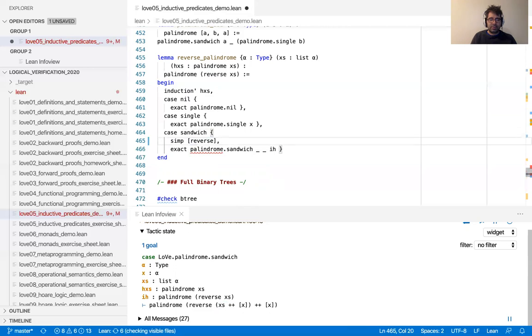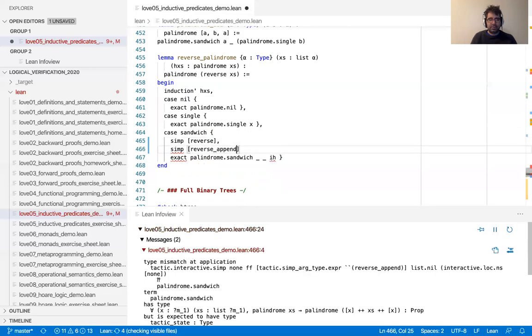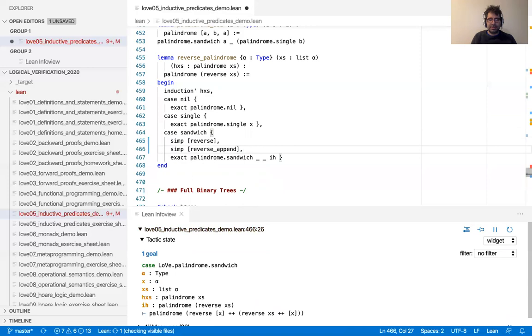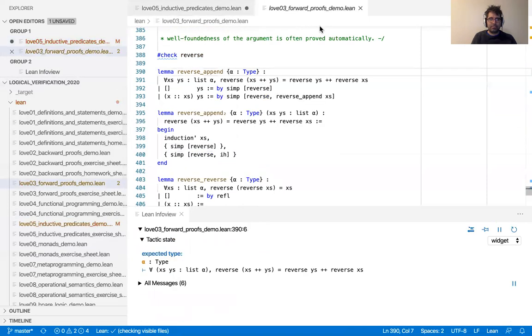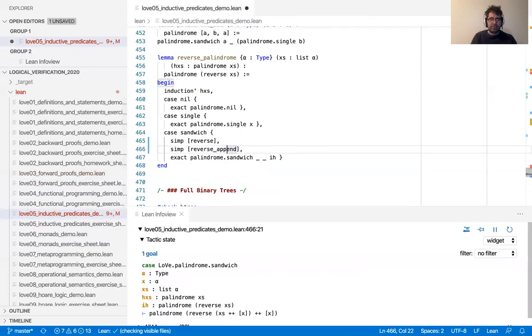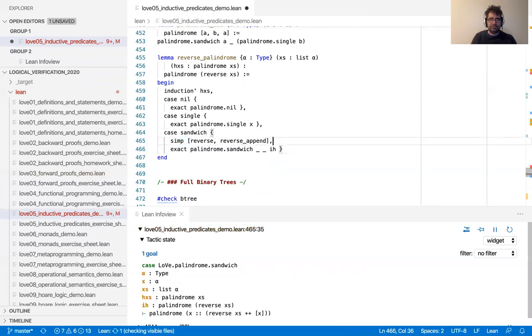So this does something, but not much. And then we have reverse applied to append. So we also want to use reverse append, right? Which was a lemma we proved here.